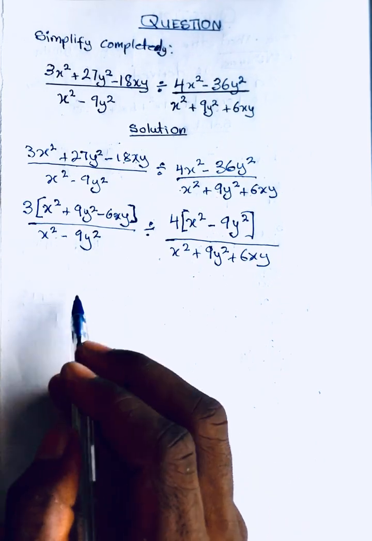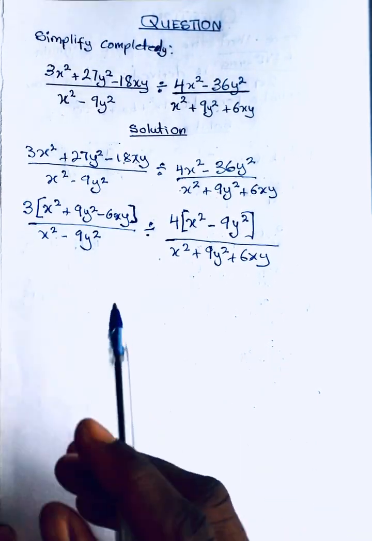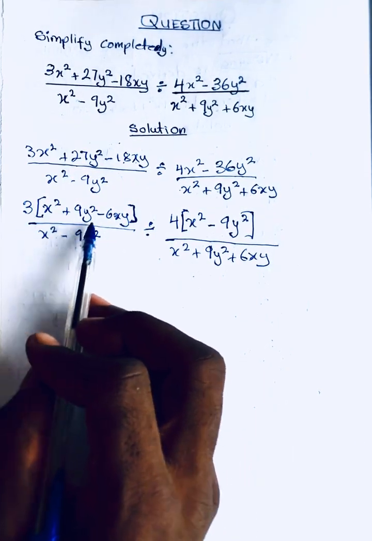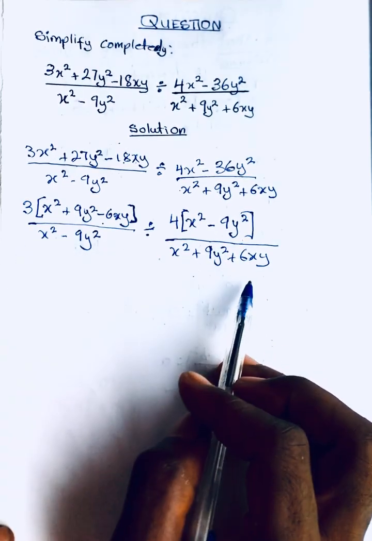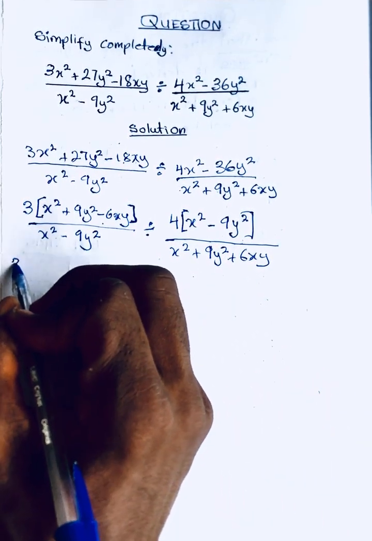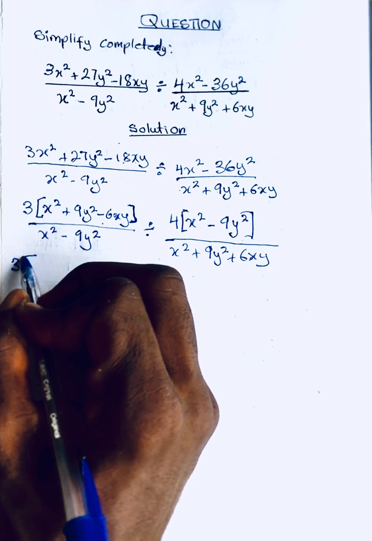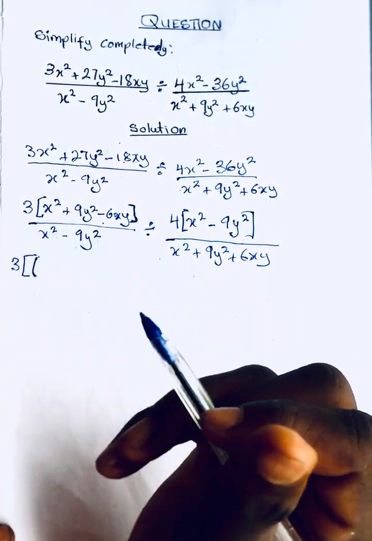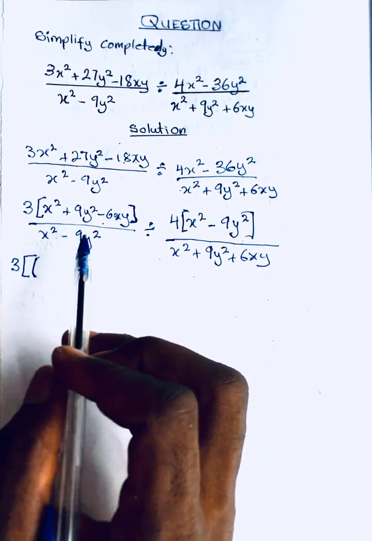In this case, we are going to simplify the brackets and the denominators. We have 3 into the bracket. We are going to rearrange this.